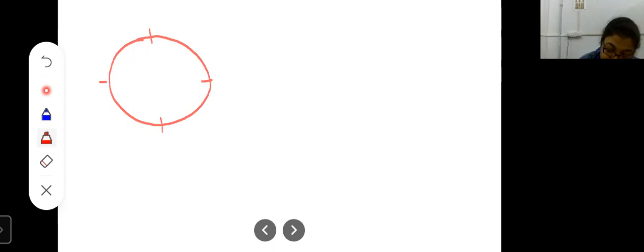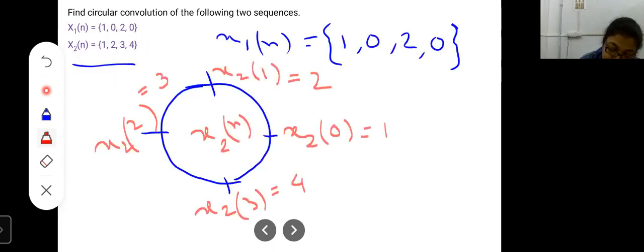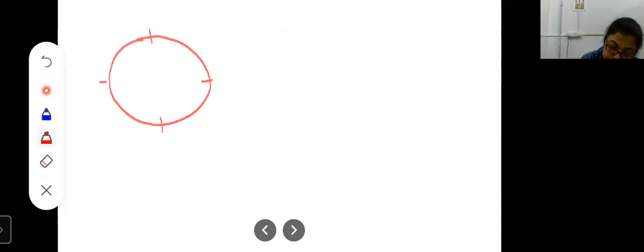Initially we used anti-clockwise as the positive direction. Now we use clockwise as the positive direction. So for that, you have to write this way. This is your reference, x2(0).